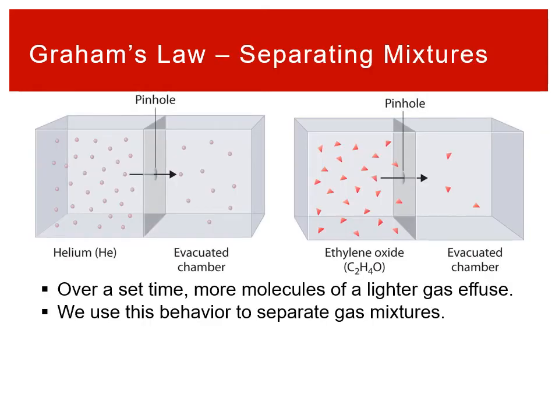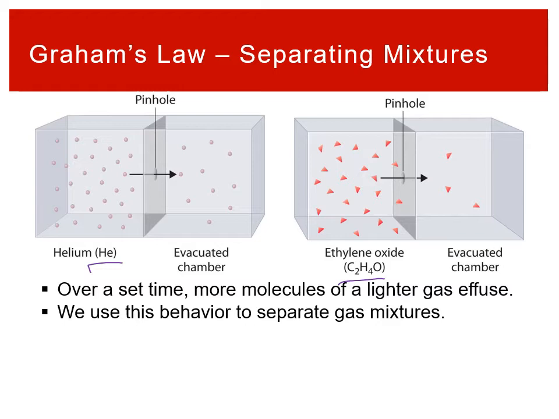So if you have two different types of gas, and you allow them to effuse, a lighter gas will effuse more quickly. Say you have your helium and your ethylene oxide. Ethylene oxide is quite a bit larger. Helium's just helium, atomic number 2, atomic mass of 4.